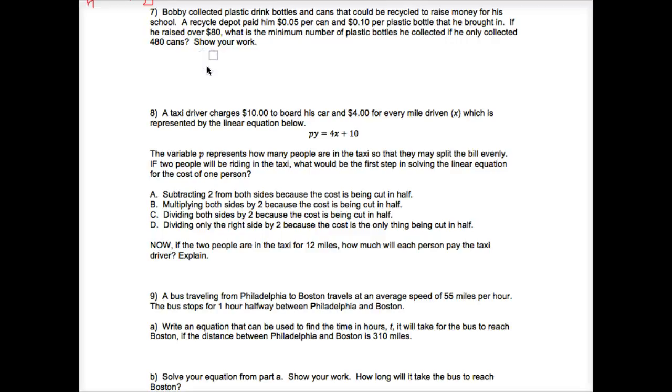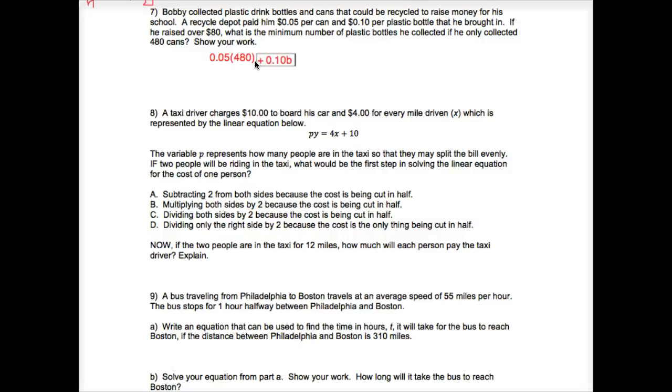So the first thing I did was the 5 cents per can, and I multiplied it by the cans that he collected. So I know he's earning money from that. Then he's also going to be earning money for the bottles, but the number of bottles is what we don't know. That's our variable. So I made that B for bottle. And then we know that that total amount of money, he raised over $80.